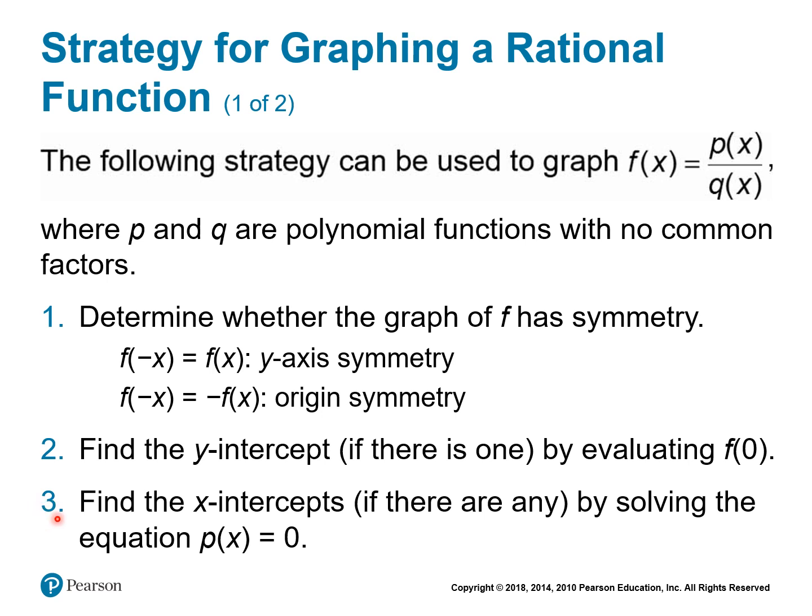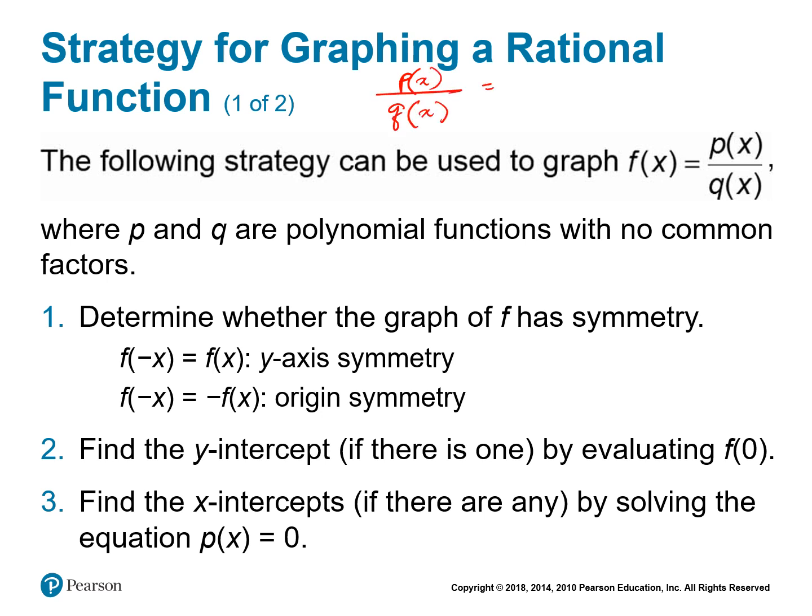And then number 3 is to find the x-intercepts by solving the equation p of x equal to 0. Basically, we have to make the whole equation equal to 0 and solve for x. So let me just do that here. It's p of x divided by q of x equal to 0.